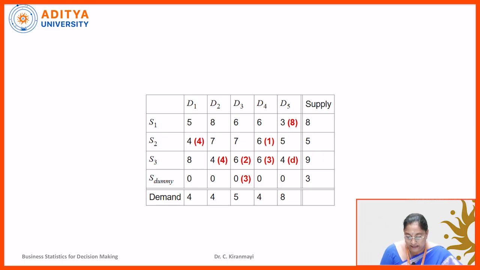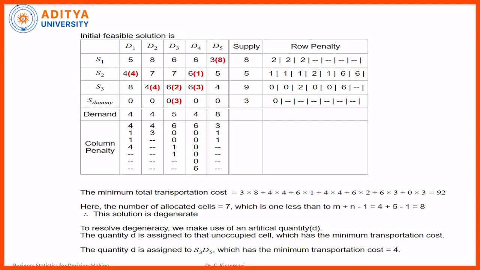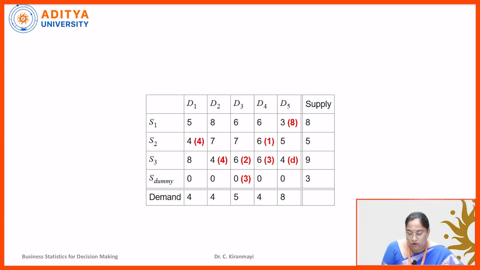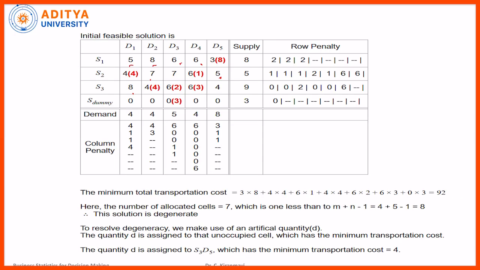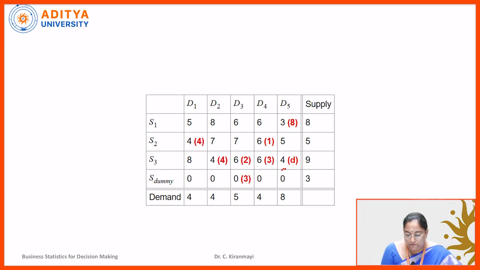In this problem, among all the unoccupied cells, the costs are 5, 8, 6, 6, 7, 7, 5, 8, 4, 4. So 4 is the smallest among all. Therefore, this d value is assigned to cell 3,5. Now the number of allocations is 1, 2, 3, 4, 5, 6, 7, 8. Therefore, m plus n minus 1 is now equal to 8 allocations.